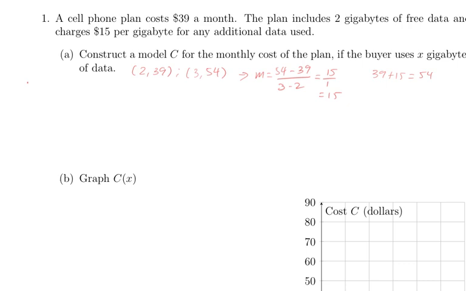So therefore, the cost is going to be like this. You're going to pay $39 whether you use nothing or 2 gigabytes of data. After that, and this is the part where people mess up this equation.